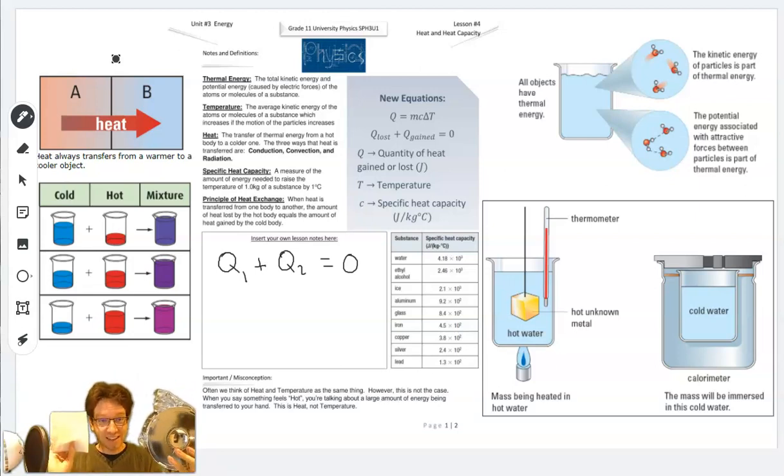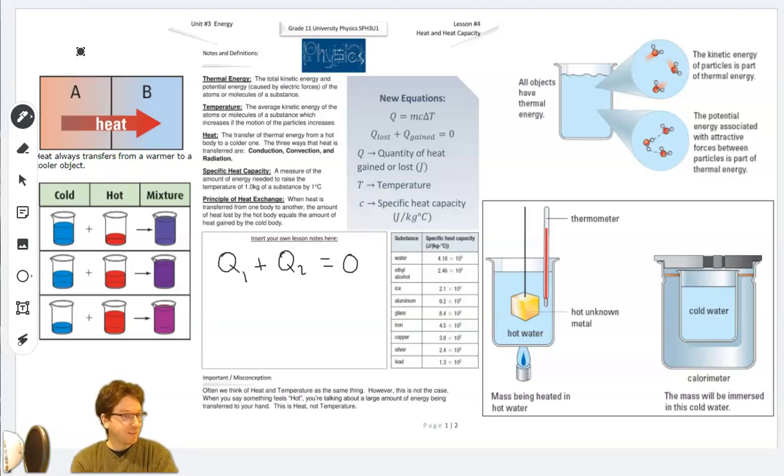If I were to ask everyone, if you were to touch it, which one feels hotter? Let's say you're sitting on a park bench on a nice warm day. Now the park bench is composed of wood and metal. You'd probably say the wood feels fairly cool, but if you touch the metal, it's really hot. But what if I were to tell you that the temperature of the wood is the exact same as the temperature of the metal? What would you say?